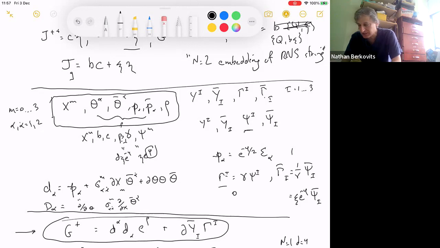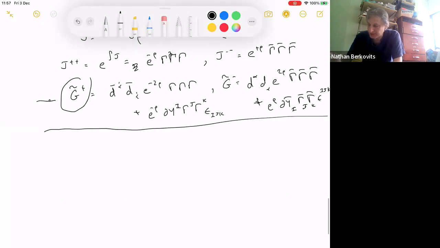It turns out you can uniquely define picture in terms of R weight, not R parity. If you remember Wess-Zumino, theta alpha has R weight plus a half, and theta bar alpha dot has R weight minus a half, which means, of course, p alpha should have minus a half, and p bar alpha dot should have plus a half.